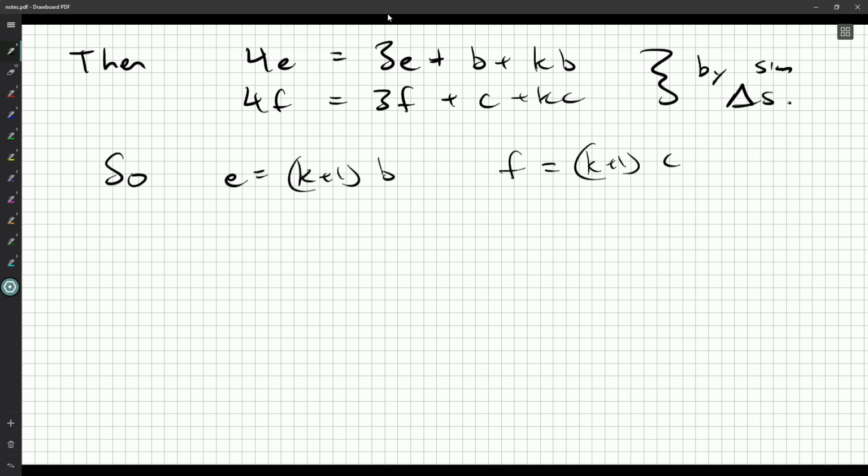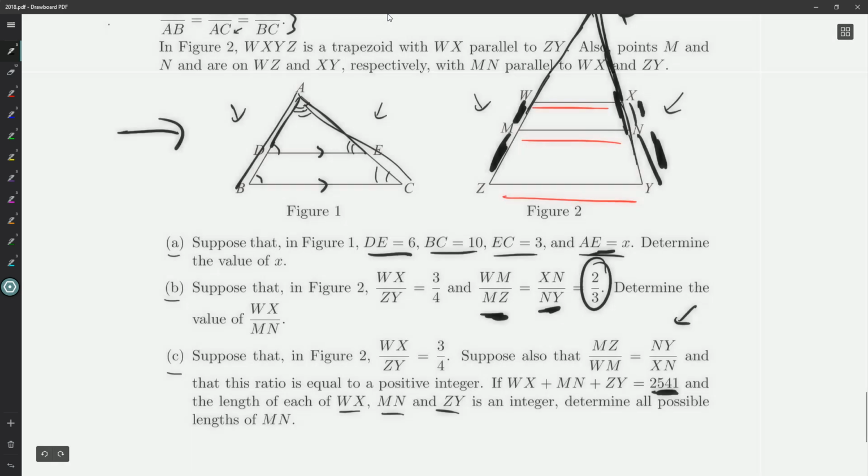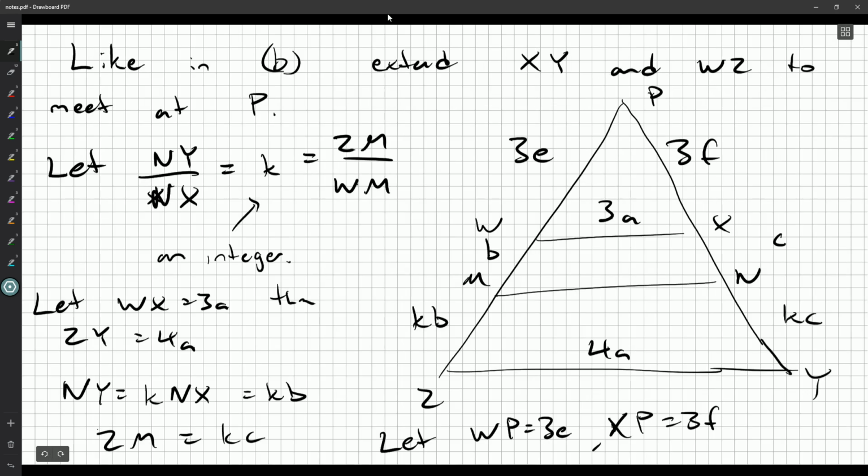Okay, now we should be able to figure out MN from here. MN is the other one we want. We should be able to get MN in terms of A, I think.